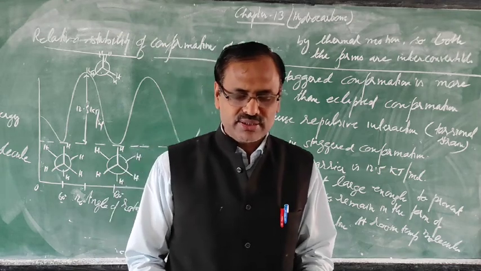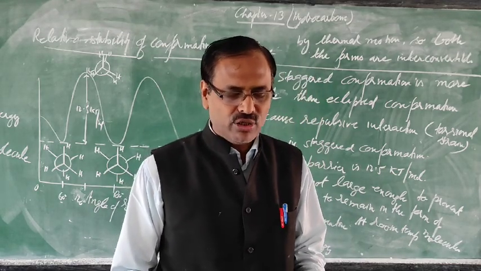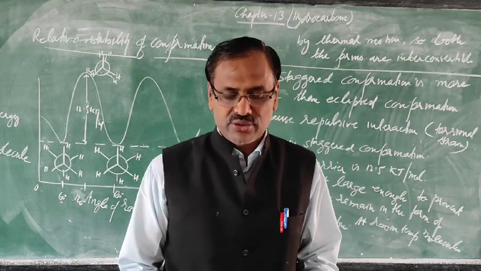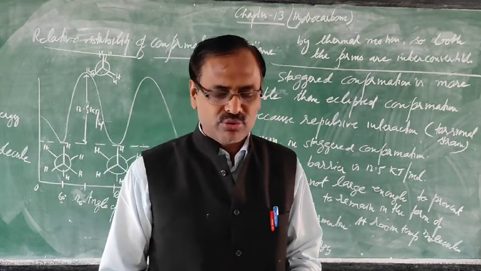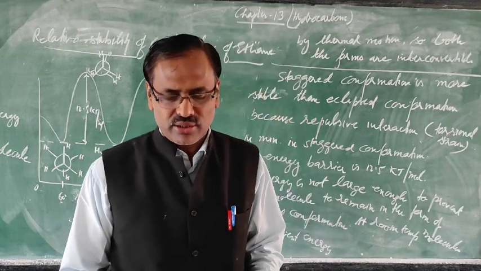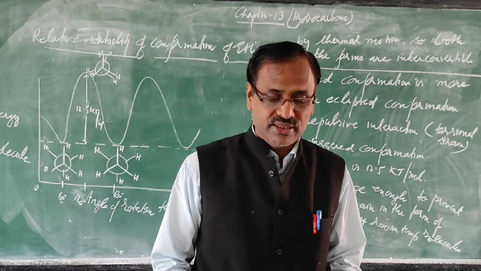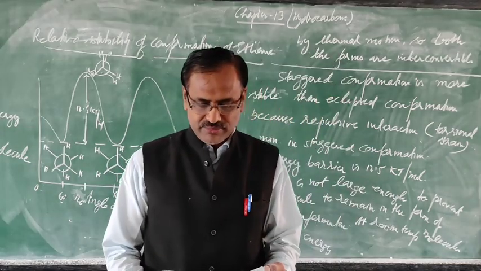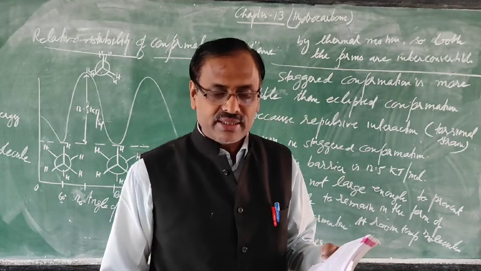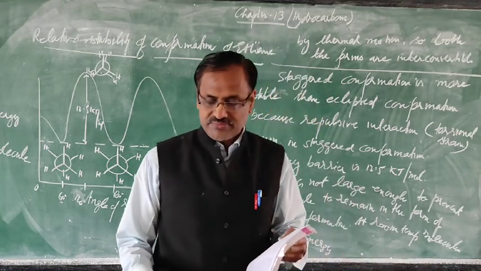However, the rotation around the C-C single bond is not completely free, because the rotation is hindered by a small energy barrier of 1 to 20 kilojoule per mole due to weak repulsive interaction between the adjacent bonds. This type of repulsive interaction is termed torsional strain. On page number 825, the energy level figure is given.